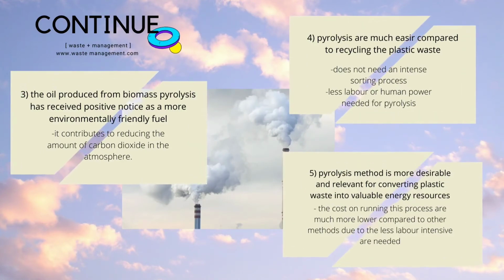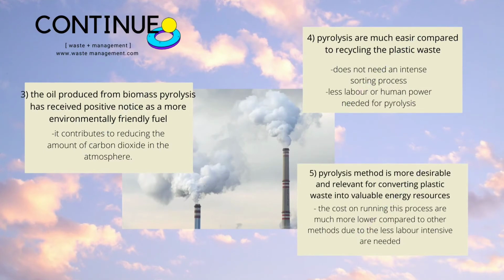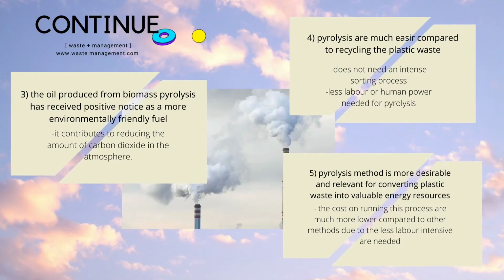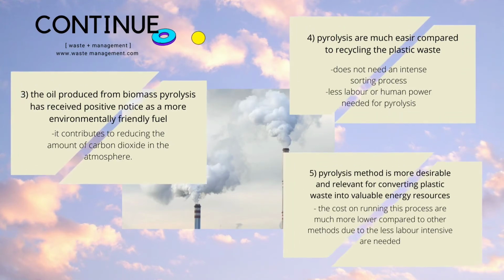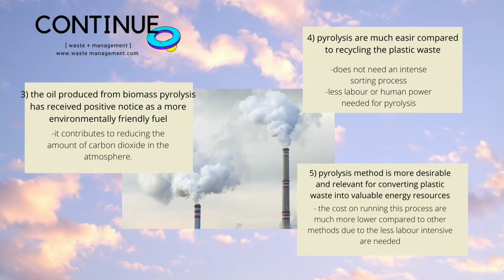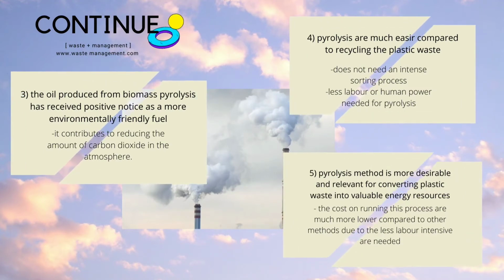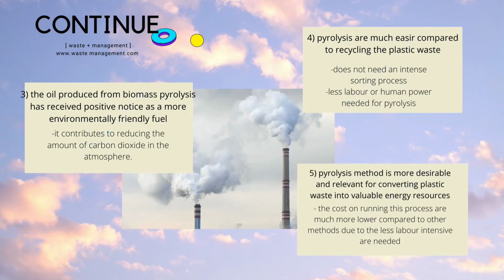The oil produced from biomass pyrolysis has received positive notice as a more environmentally friendly fuel. Fourth, pyrolysis is much easier compared to recycling plastic waste. And fifth, the pyrolysis method is more desirable and relevant for converting plastic waste into valuable energy resources.